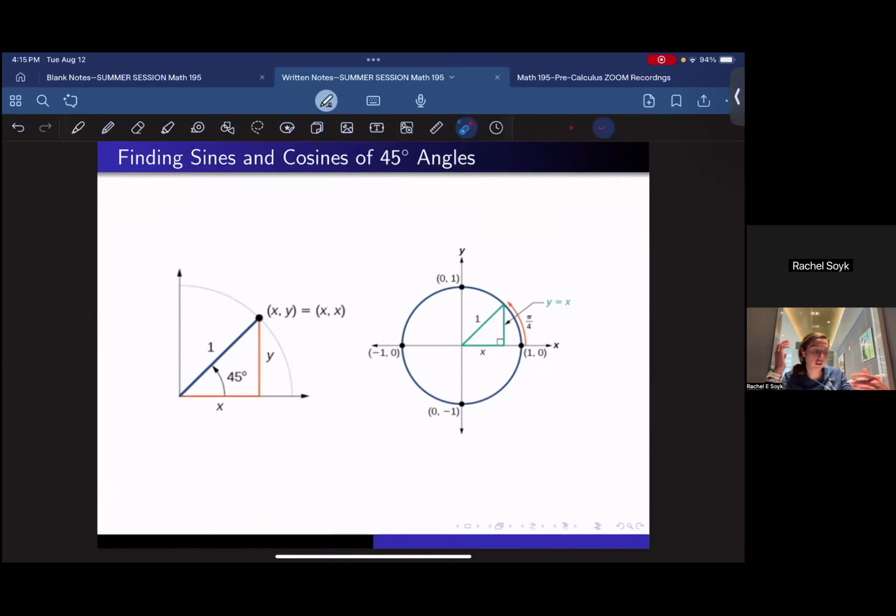This slide is just highlighting our sines and cosines dealing with our 45, 45, 90-degree triangles. So what is cosine of 45? And then what is our sine of 45?